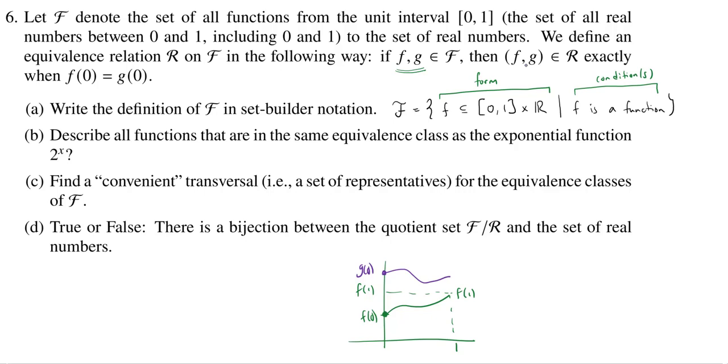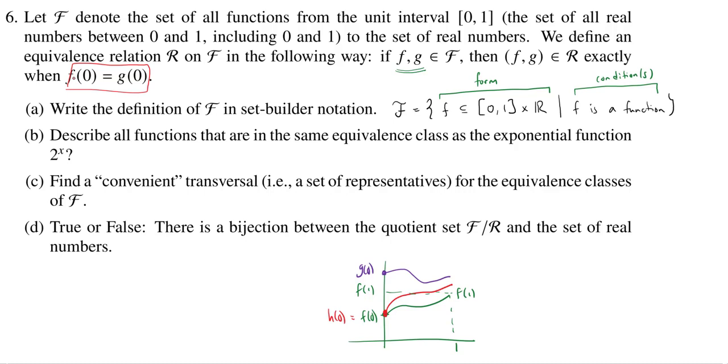Why? Because they're only equivalent when they start in the same place. So if I had some h, that could be my h here. This could be h of 0. Then f comma h would be in R. They're equivalent because they start at the same point. That's how it's defined. Okay, fine.